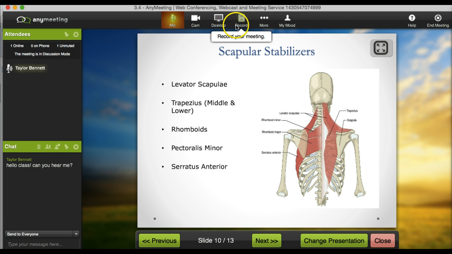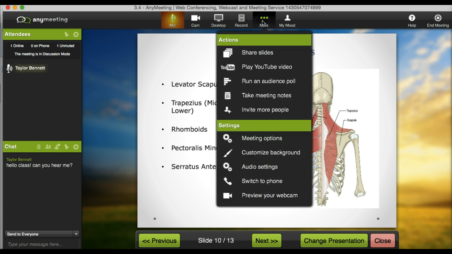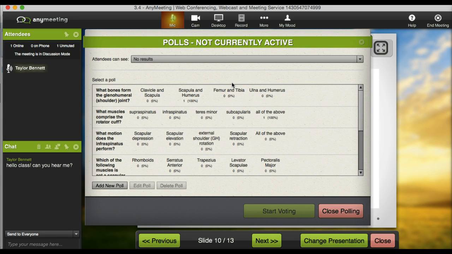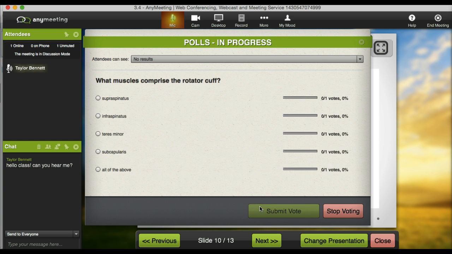Okay, so real quick, I'm going to minimize this. We're going to do a quick poll, test your knowledge, see what you might have been able to remember in the short term about the rotator cuff and scapular stabilizers. I'm going to pull this poll up, and you feel free to vote.